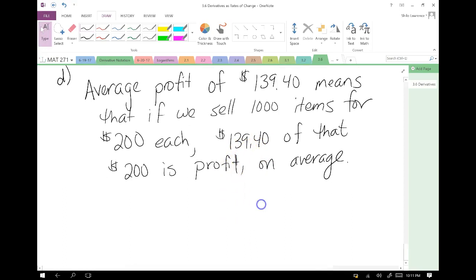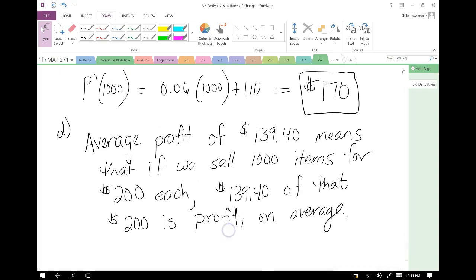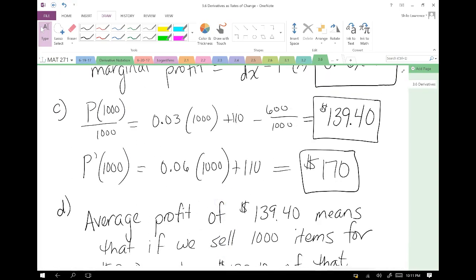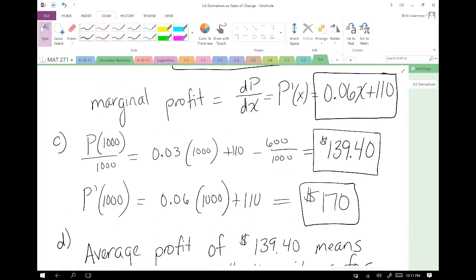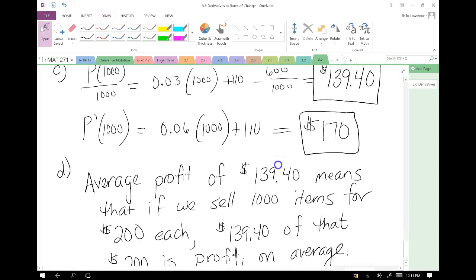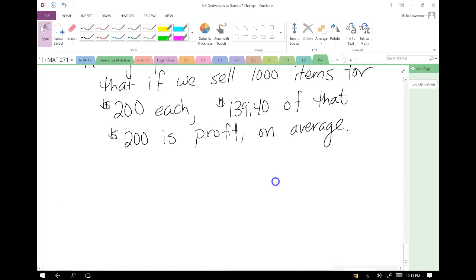So the average profit means that we sell 1,000 items for 200 each, and we get to actually keep 139.40 out of that 200. So the marginal profit, though, isn't an average of all of them. The marginal profit is only referring to how much we'll make on the very next one that we produce and sell.